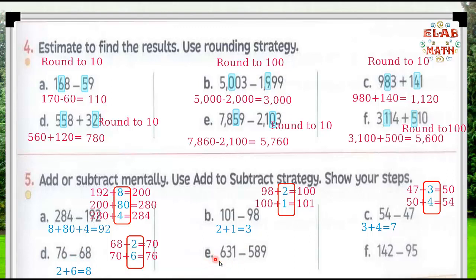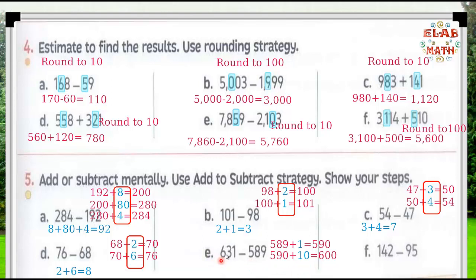Next one, 631 minus 589. Subtrahend 589. You should count up to reach the next, or the biggest, number. Here I have 589. We need what to be 590? We need 1. You should add 1. Take 590 here and add 10 to be 600 instead of 500, because I have 600 here.